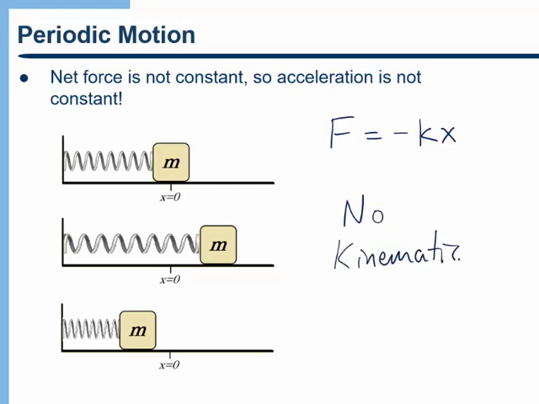Because remember, those kinematic equations that we derived in an earlier video count on the fact that a is constant. So we can't use kinematics. And that means that we're going to have to figure out a different way to analyze the position, the velocity, and the acceleration of an object moving in periodic motion.